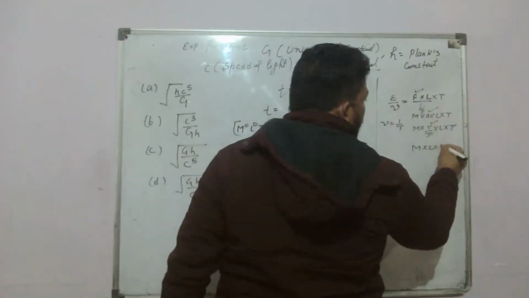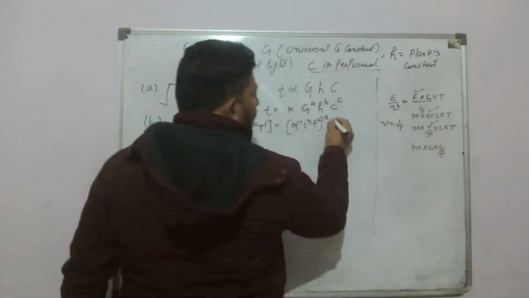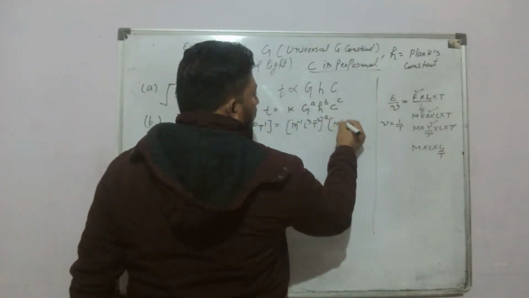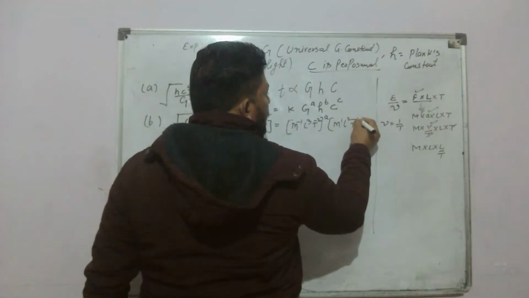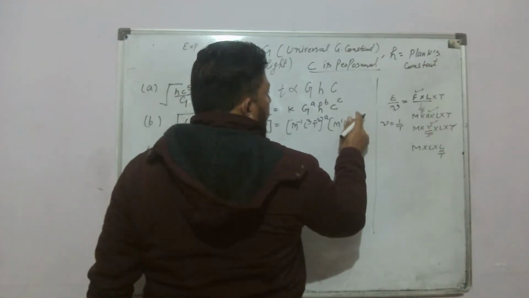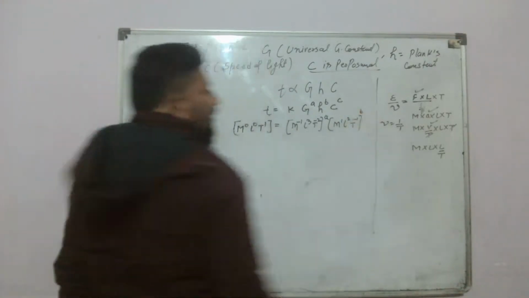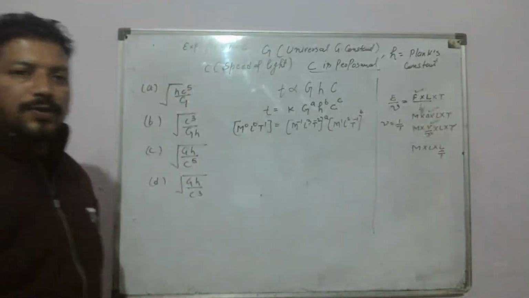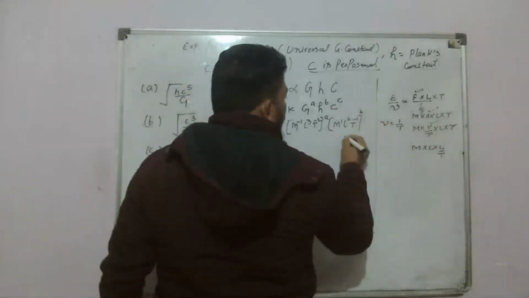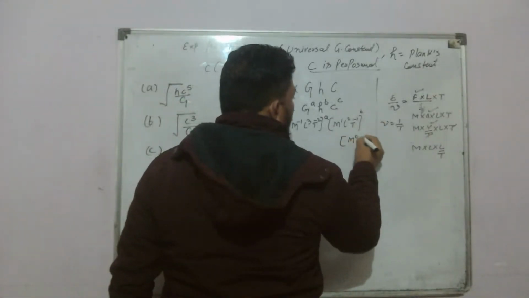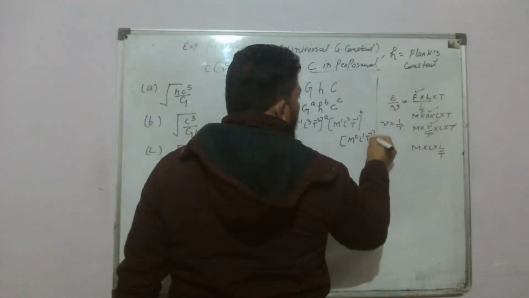Velocity is displacement upon time. So the formula is M1 L2 T minus 1 raised to power b. Last, speed of light: M0 L1 T minus 1 raised to power c.